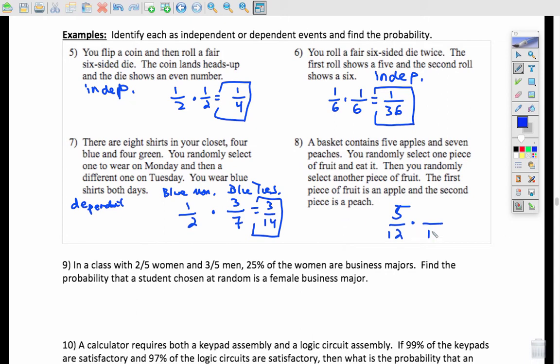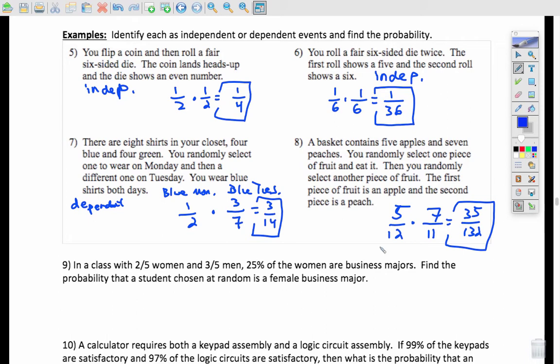Now, here's the catch. If you eat an apple, that's going to change the probability of you getting a peach, because for the second piece of fruit, you've eaten one of them, so now you're down to 11. Then there are 7 peaches out of the 11, and this works out to be 35 out of 132 when you multiply those together.